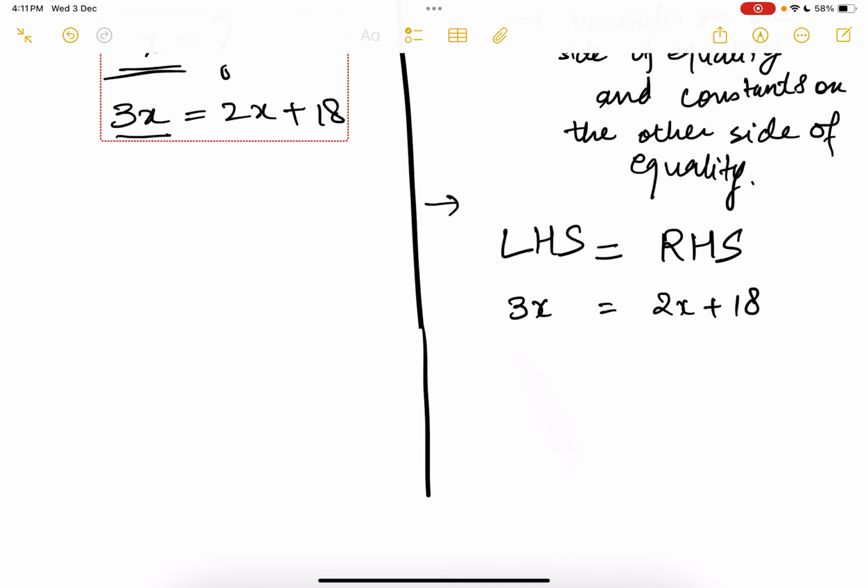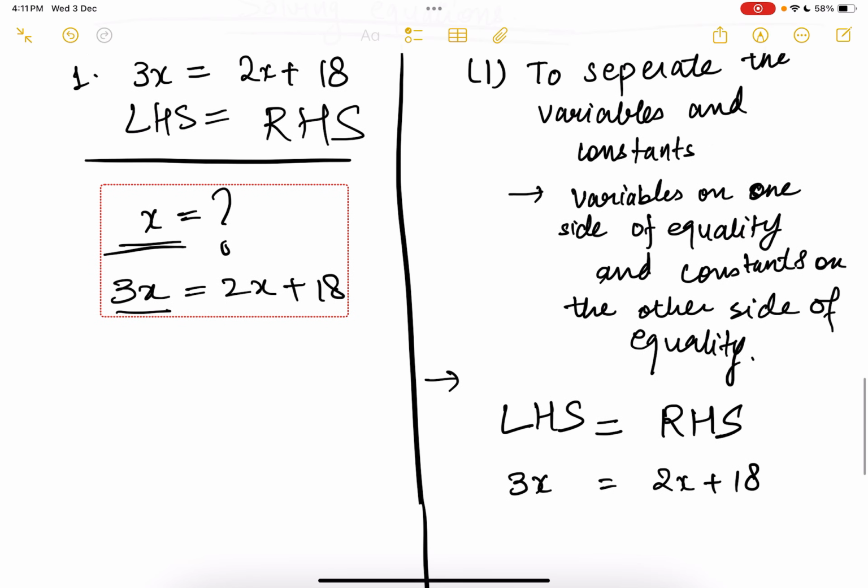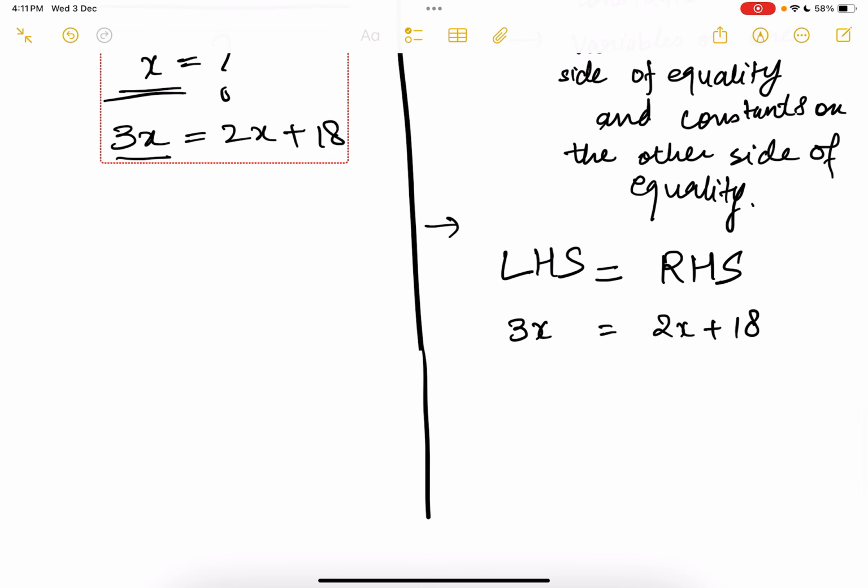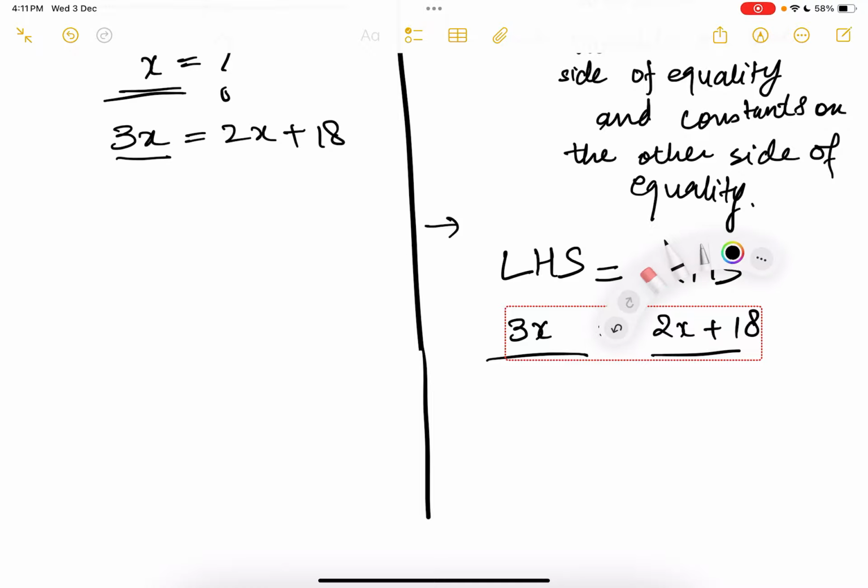So, the variable has to be on one side and the constant has to be on the other side. Now you can see LHS has variables, RHS also has variables x, but the constant is already on one side, so we don't need to do anything with the constant, only the variable we need to bring on one side.